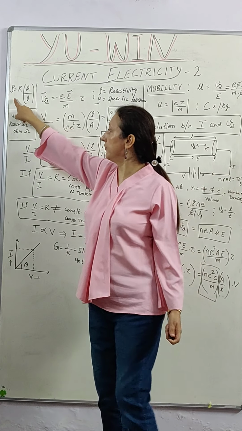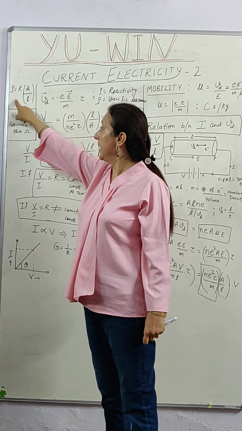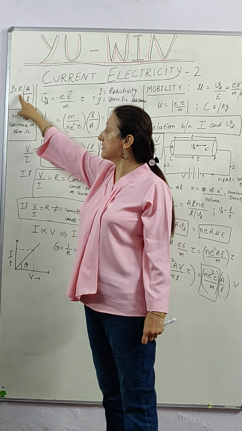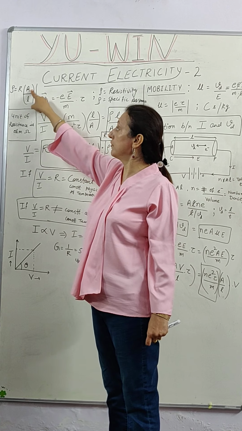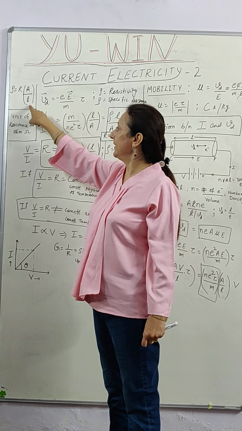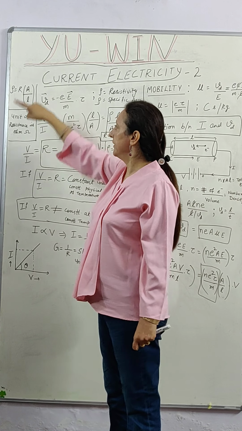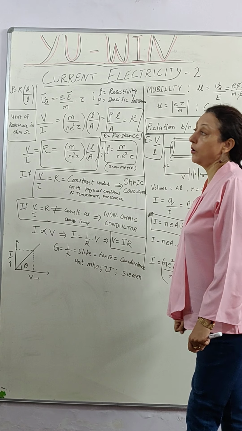It simply means, if I have to define resistivity from here, resistivity is the resistance of the wire whose area of cross section is 1 meter square and the length is 1 meter, or in a nutshell you can say a unit cube of a wire.